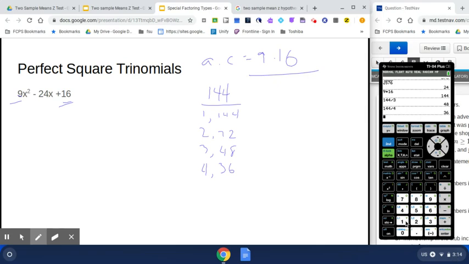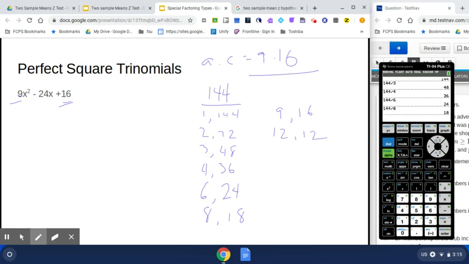Does 6 divide evenly? I better check that out. Yes, it does. 6 times 24. 7 does not. I better check 8. 8 times 18. 9 times 16. 10 does not go in, 11 does not go in, but 12 does. Whew, that's a long list of factors, guys.